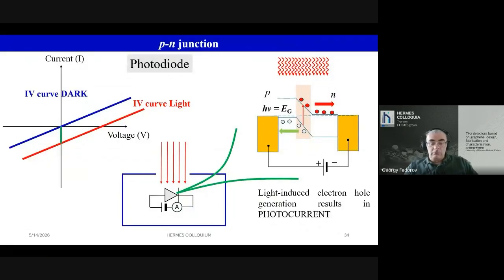Very similar thing happens with the photodiode based on semiconductors. You have a p-n junction: p-doped semiconductor and n-doped semiconductor brought in touch with each other. Somewhere here, where this red arrow is shown, you generate carriers, and then they split for certain reasons, and that results in non-zero current with zero bias when you expose it to light.